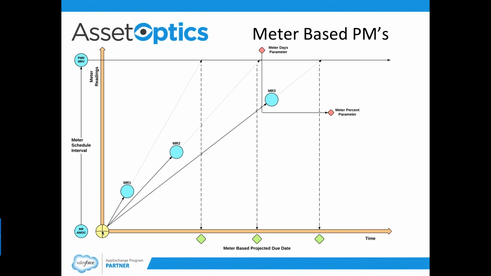Or of course you could just enter it at the time that you complete it. So the meter reading at work order completion gets stamped onto that work order, as does, of course, the completion date. Then the next PM will be due by taking that meter reading at work order completion and adding the meter schedule interval to it to get the PM due meter reading value.